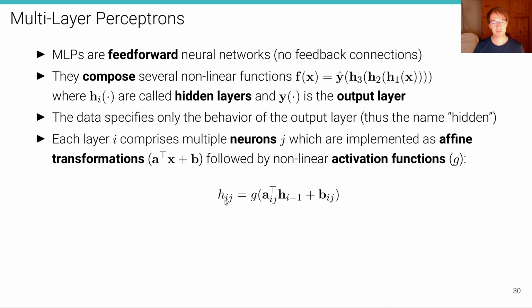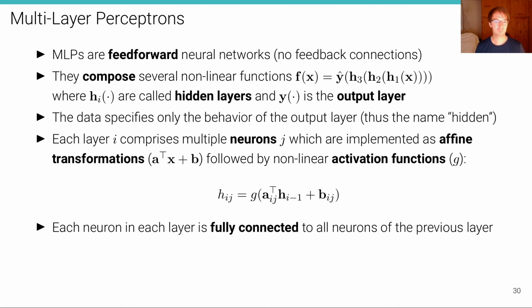For each layer i, we have multiple neurons j. And as such, we also have multiple times to do this transformation. Of course, we can do this again using matrix and tensor operations to stack them into bigger matrix tensor operations that are efficient to compute.